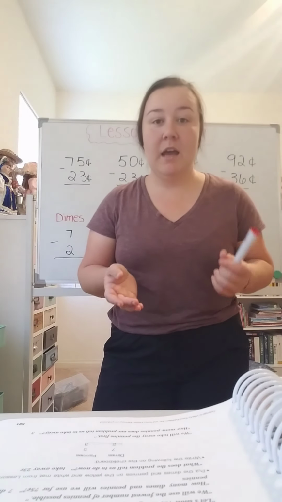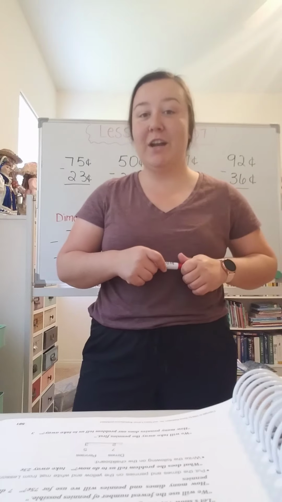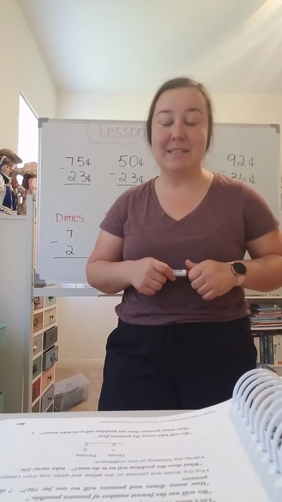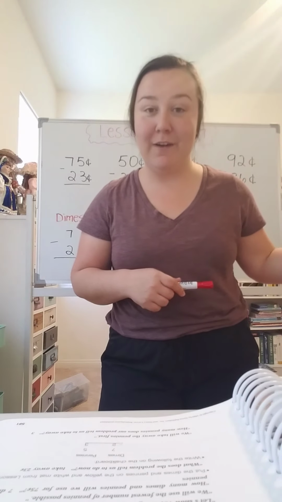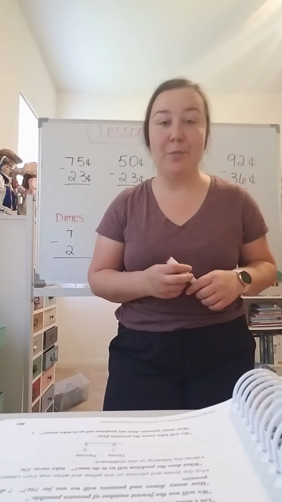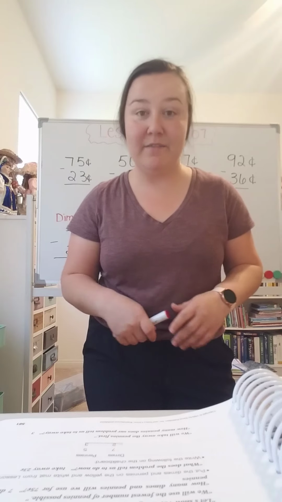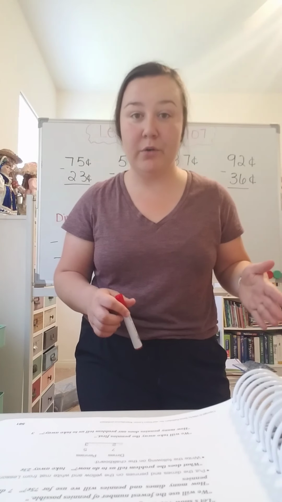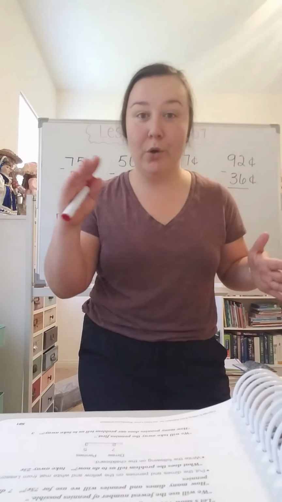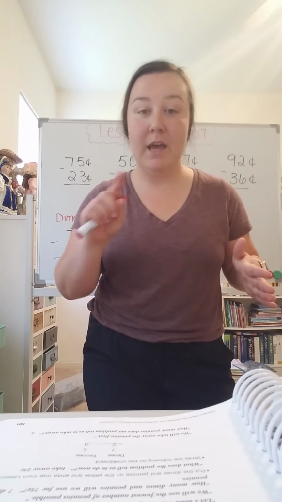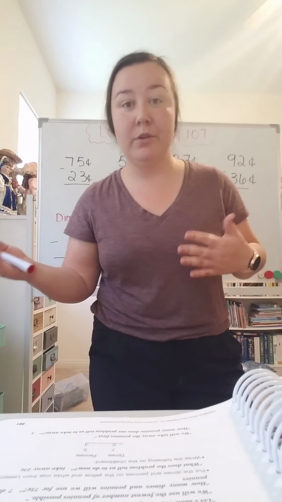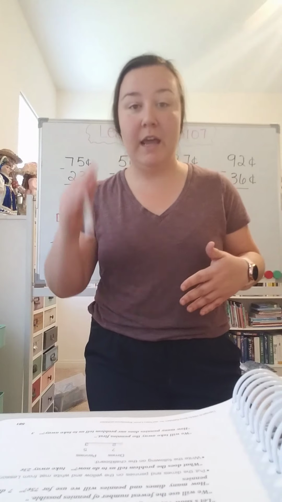So what I would like you to do for lesson 106, since you did it already on Friday, is take out a piece of paper and write down the entire times 5 table. Starting with 5 times 0 all the way down to 5 times 12, and write the answers. 5 times 0, 0, 5 times 1, 5, and so on.